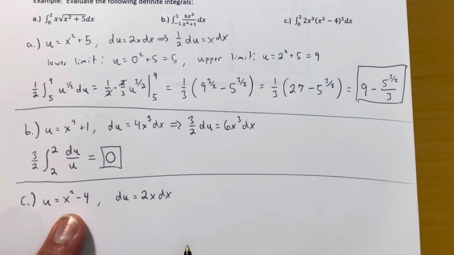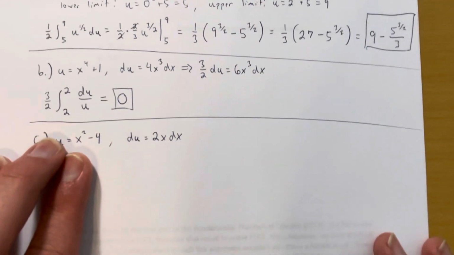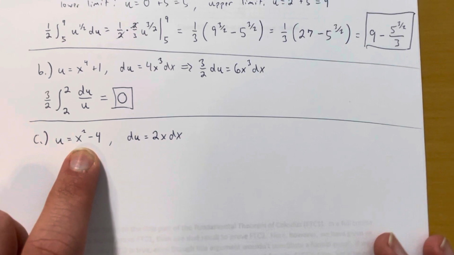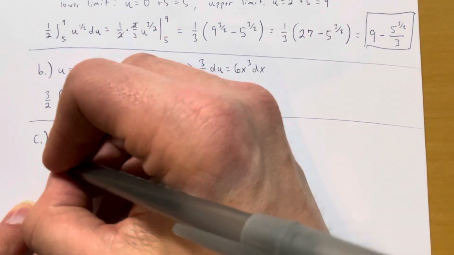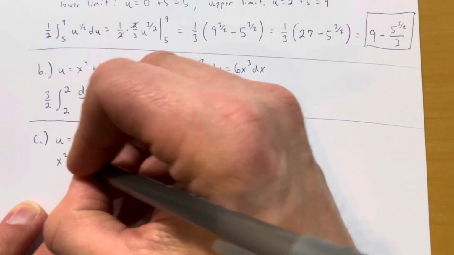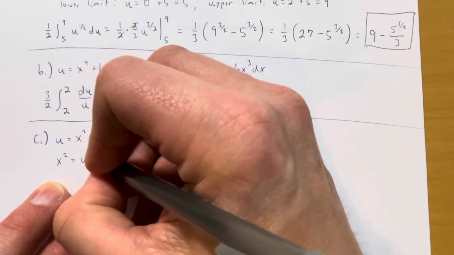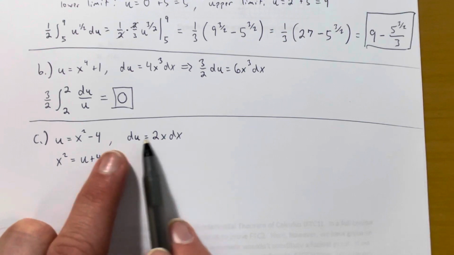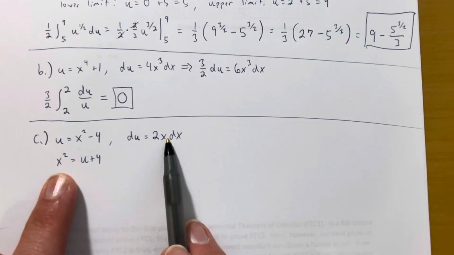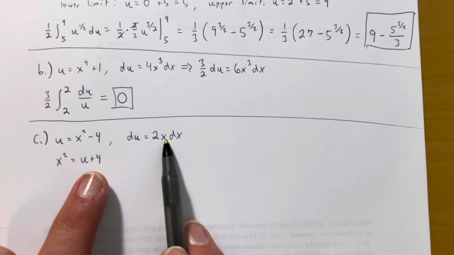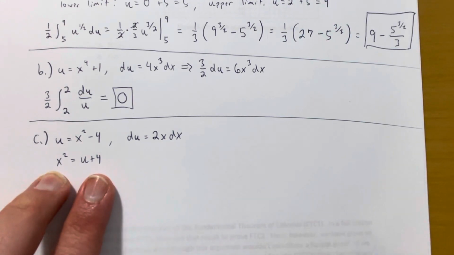And we've actually seen a way of doing that. Over here, I have an x squared showing up in relation to u, but it's not isolated. If I solve this for x squared by adding a 4 to both sides, I get that x squared is equal to u plus 4. So if I wanted to multiply both sides by x squared, that would be the same as multiplying both sides by u plus 4, since they're equal to each other.